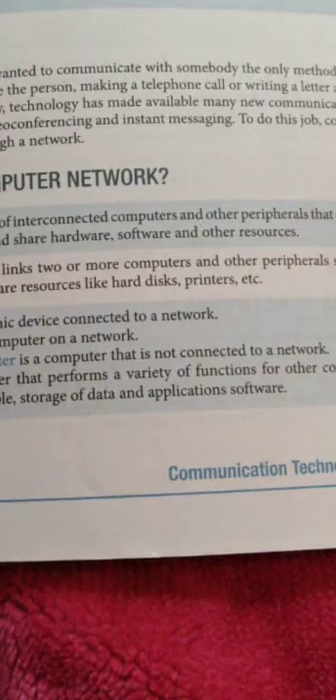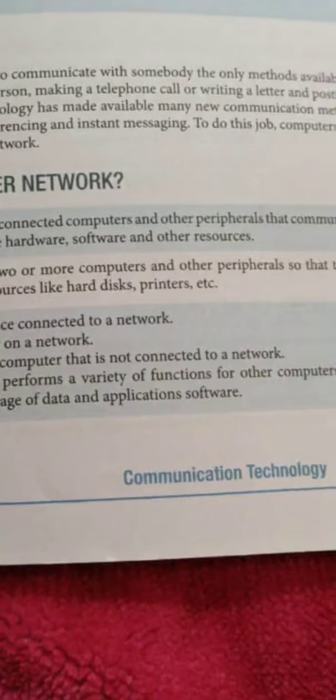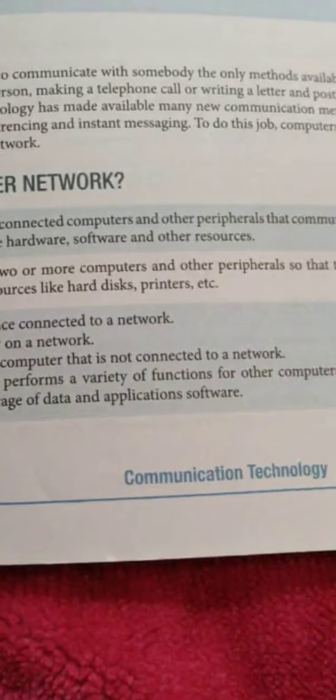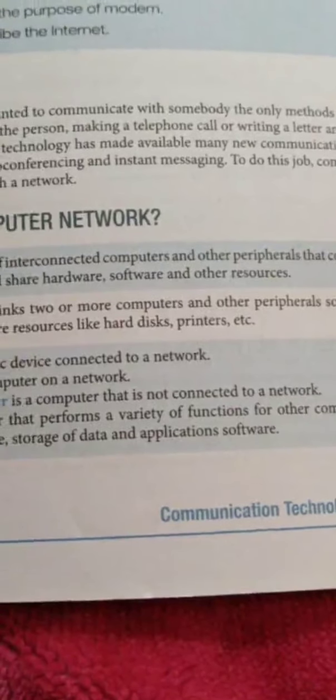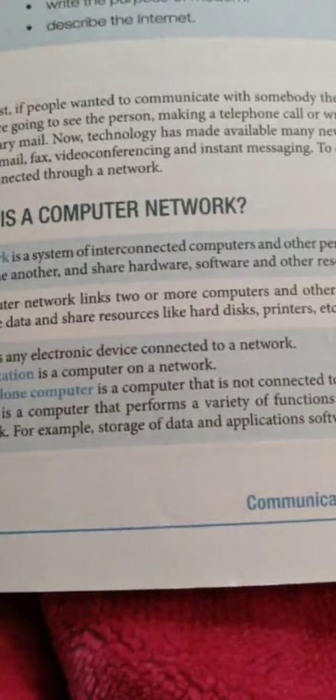So if one of the systems is kept as a server, through the server we can make calls and use other network facilities, and we can share information. The main advantage of this communication is to share information.